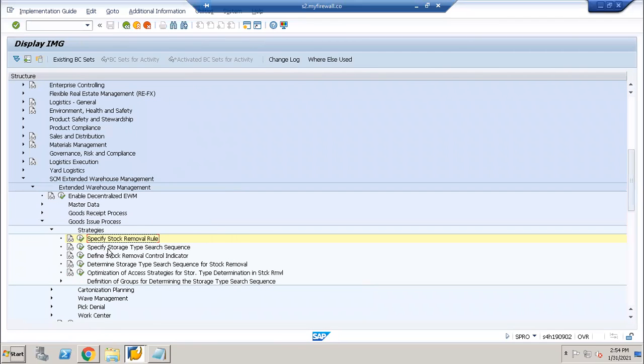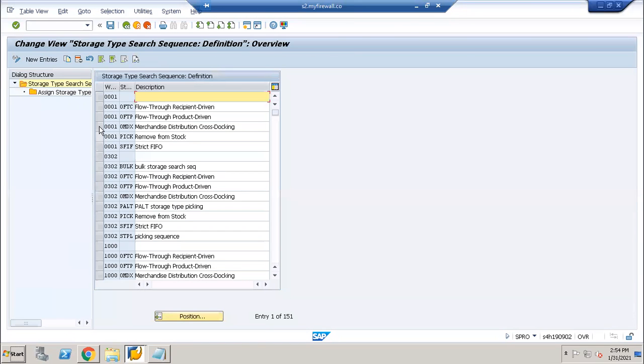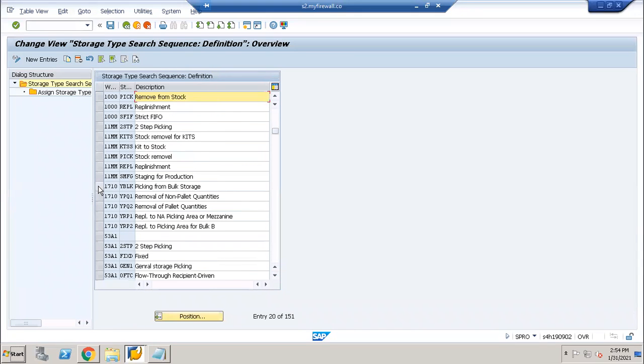Next, we can have a specified storage type search sequence. We have got a specific warehouse: picking from bulk storage, removal of non-pallet quantities, removal of pallet quantities. Let us suppose picking from bulk storage. It is applicable for any specific bulk storage, like the acid industry, liquor industry or beverage industry, where the material is stored in bulk quantity, liquid or semi-solid bulk, in containers.